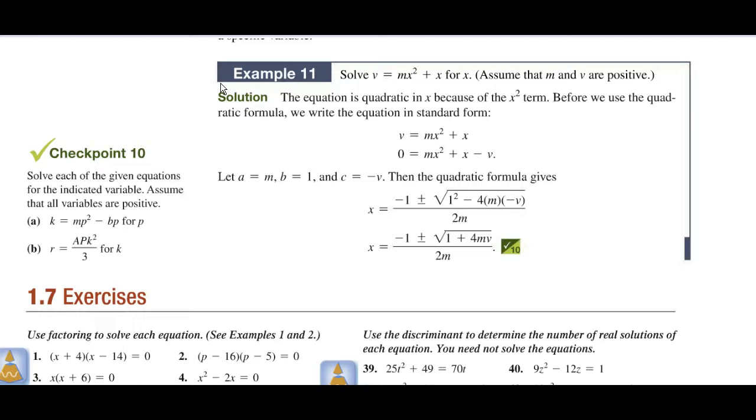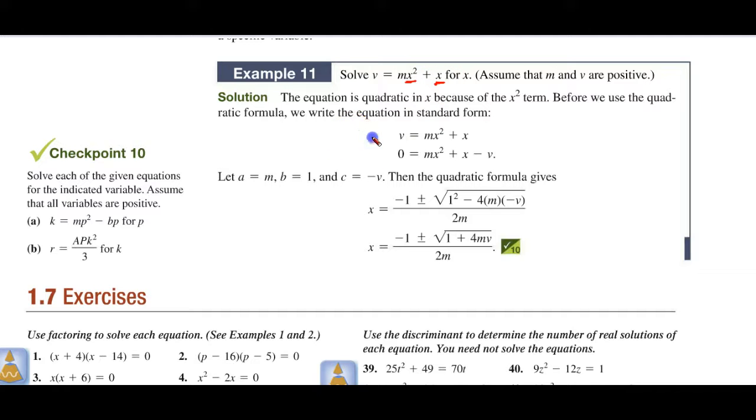Now here in example 11 gets a little tricky, because they're giving you a formula that says V equals this, and they want you to solve that formula for X. So the first thing you must do is recognize that this is a quadratic equation, and you have to put it in standard form.